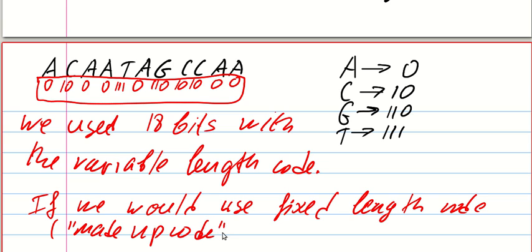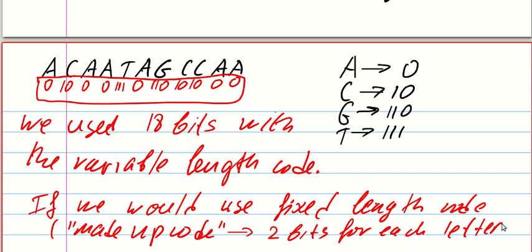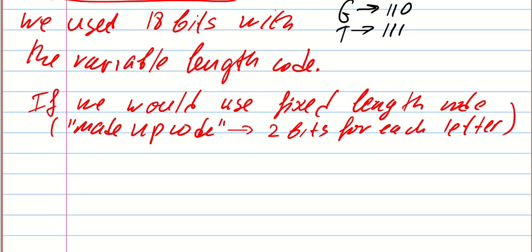The one that we made up. And this code uses 2 bits for each letter. If we used the fixed length code, how many bits would we need?